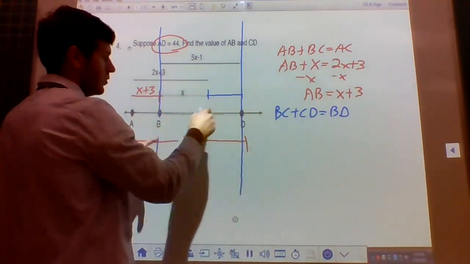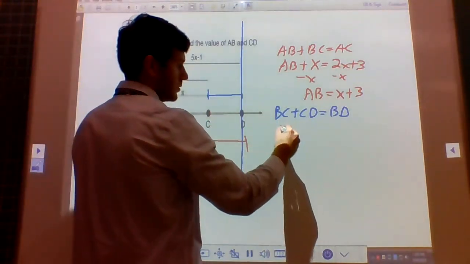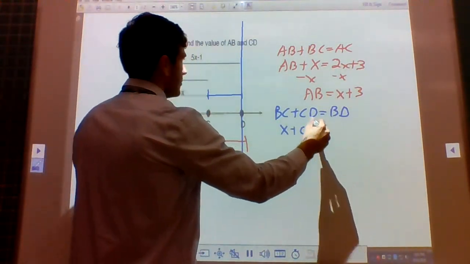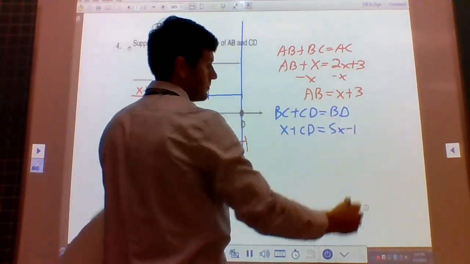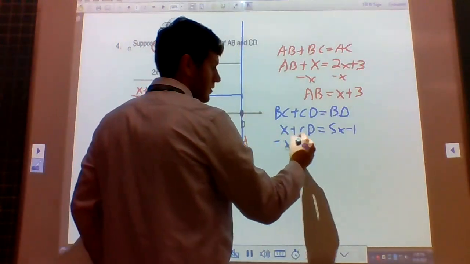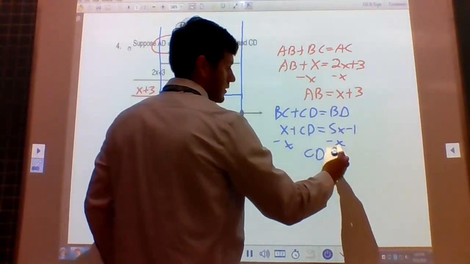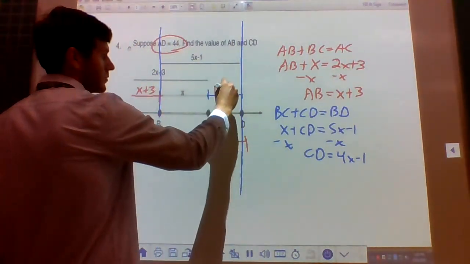Part plus part equals whole. This is X. We don't know this one, so X plus CD. And then we know BD is 5X minus 1. Subtract X from both sides. So we have CD equals 4X minus 1. So this piece is going to be 4X minus 1.